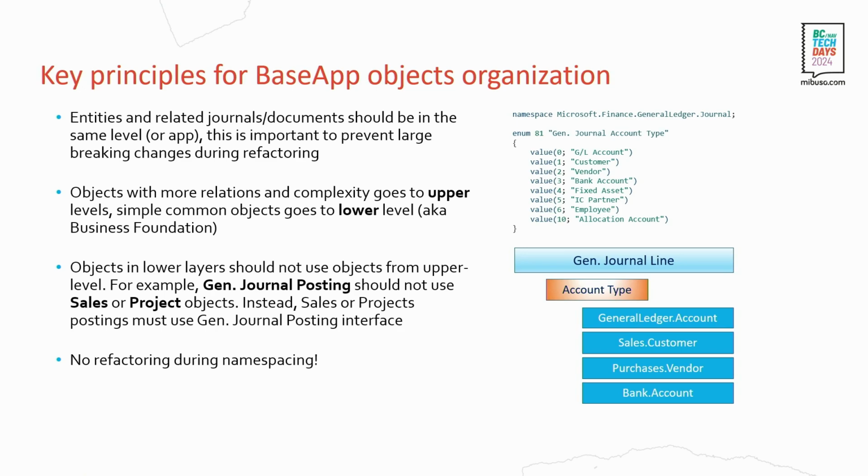It shouldn't be at a very low level reused by other modules. And then we should have object dependencies going down, not up. That means I don't expect a general journal posting to contain objects from sales, project, or manufacturing areas. Currently, this is the case, but that's not right.